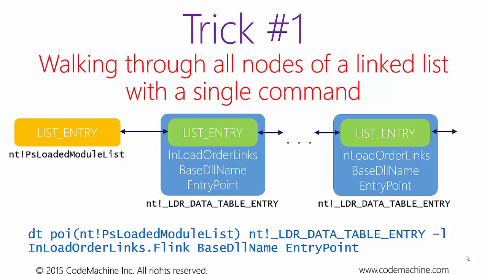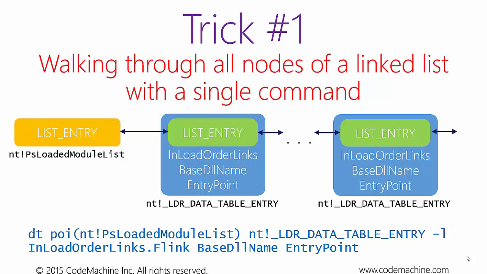For every kernel module, there is a loader data table entry structure that contains information about the module, including its name and entry point. In this structure, there is a field called InLoadOrderLinks, which is of type LIST_ENTRY that is used to link multiple loader data table entry structures together.